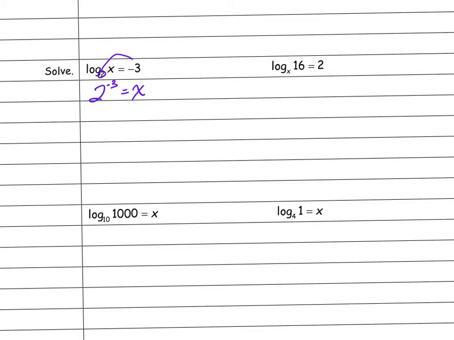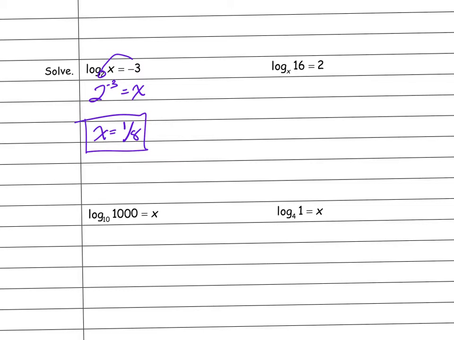It's a negative, so that means it's going to be a fraction, right? So I'm going to have 1 over, and 2 to the 3rd power is 2 times 2 is 4, times 2 is 8. So this is 1/8. x equals 1/8. Done.